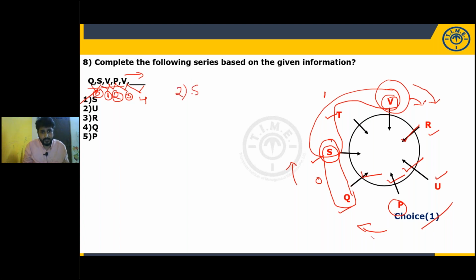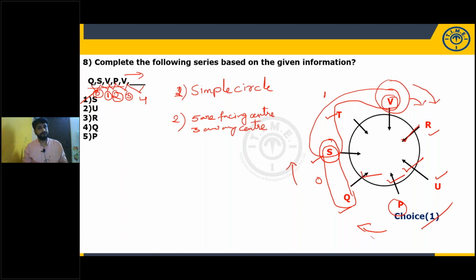One is simple circle, and the second one is five are facing center out of 8. 5 are facing center, 3 away from the center. That numbers may vary, but they will mention you the number.